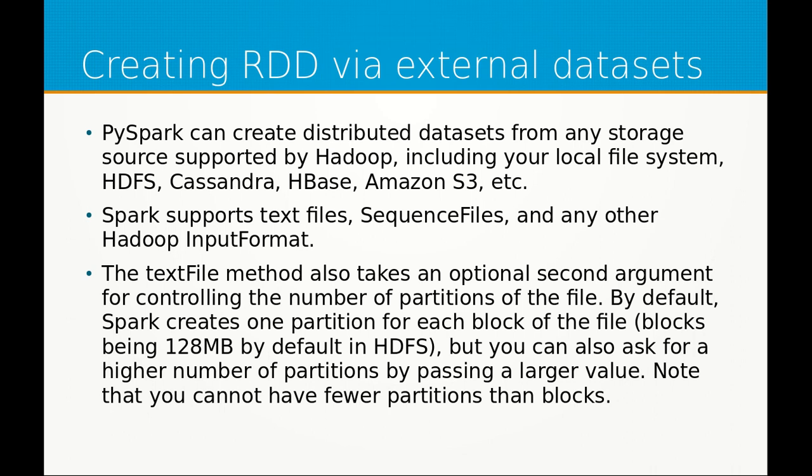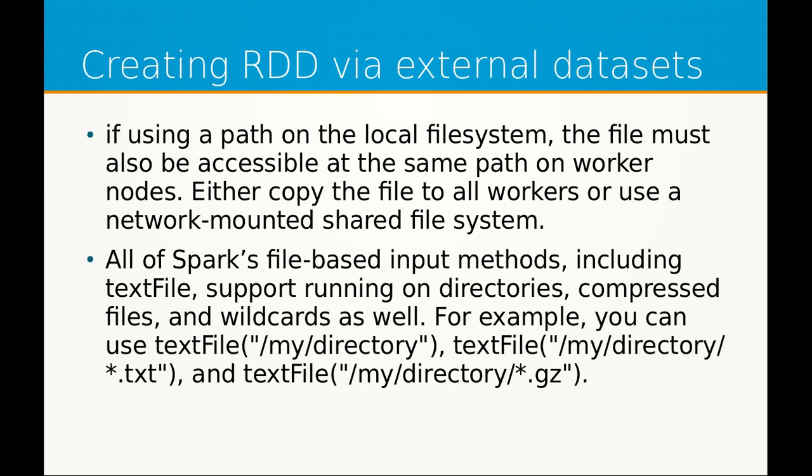If using a path on the local file system, the file must also be accessible at the same path on worker nodes. Either copy the file to all workers or use a network mounted shared file system. It means that when you are creating an RDD from your local file system, the file must also be accessible at the same path on the worker node.